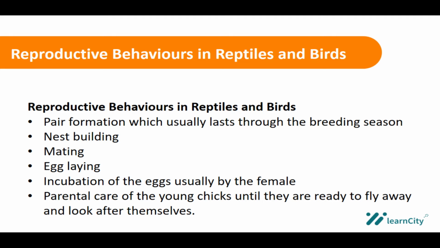Then we have the mating, and after mating, the laying of eggs. After the eggs have been laid, there's the incubation of the eggs, usually done by the female. And after the eggs have hatched, there's parental care of the young chicks until they are ready to fly away and look after themselves. So that is the pattern that the reproductive behavior of birds follows.